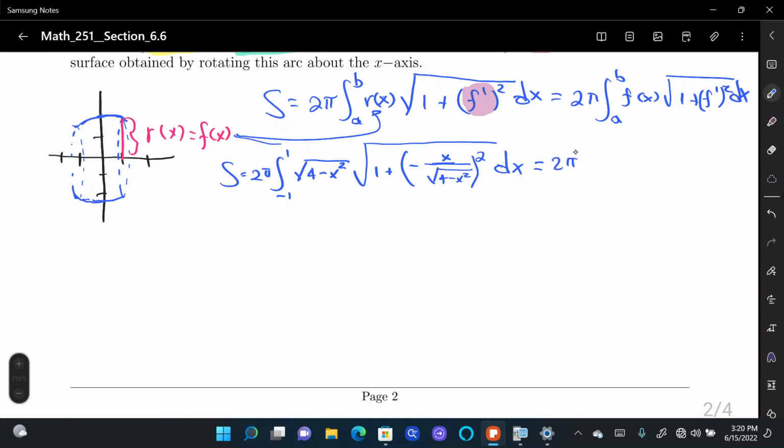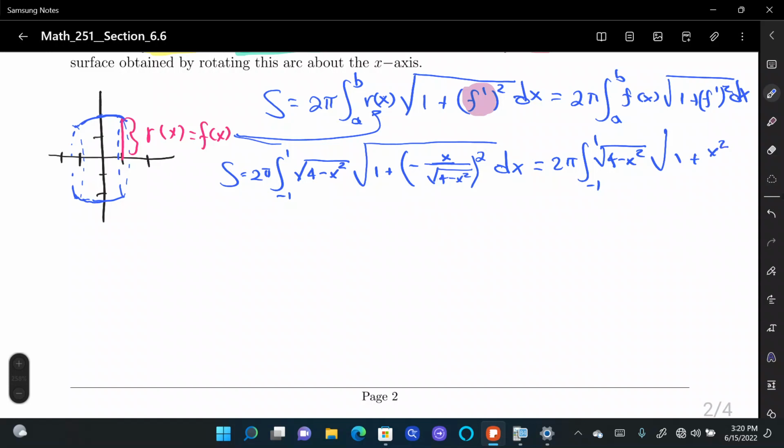This is 2 pi, the integral from negative 1 to 1, square root of 4 minus x squared, square root of 1. Okay, the negative quantity squared becomes positive, and then x to the second power, that's going to be an x squared. What's going to happen with the denominator?